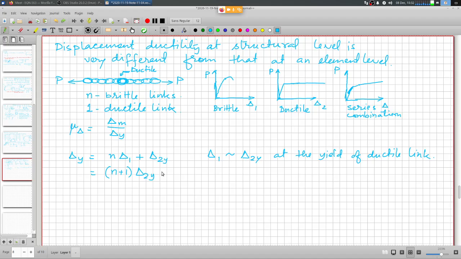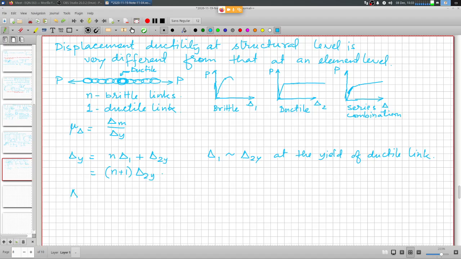Right? And then once the load increases, the deformation is of course going to keep on increasing.